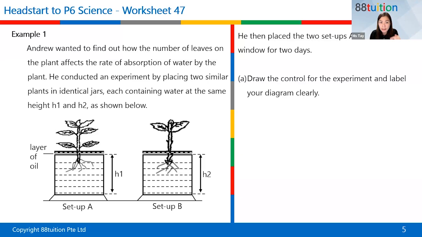Can anyone identify? The variable that changes, what is it? Yeah, very good. I see responses coming in. Okay, Raymond, what do you think? And Yihang, what do you think is the variable?